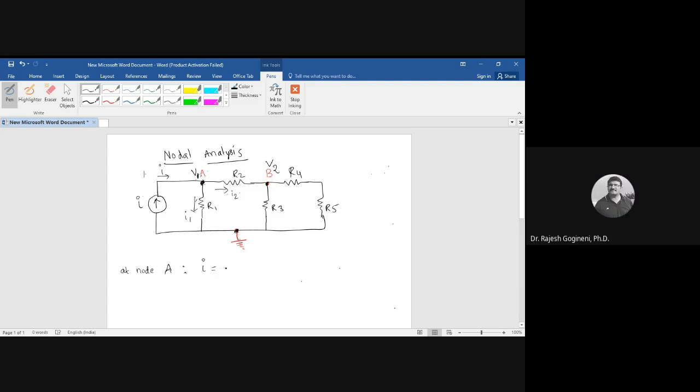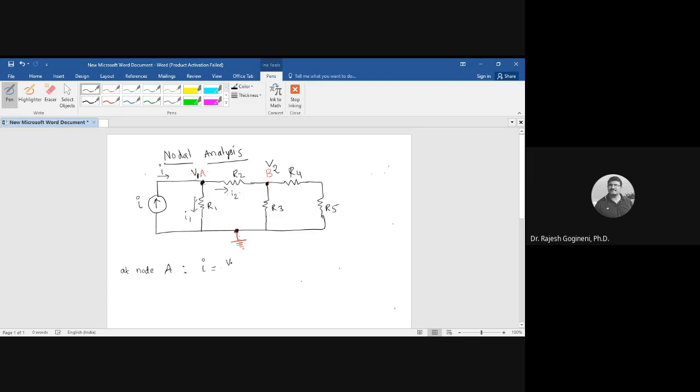But here we are not writing in terms of the currents. I want to write this in terms of voltages, because we are using nodal analysis to find the node voltages, right? So what is the voltage V1 with respect to the reference potential? So what is I1 here?